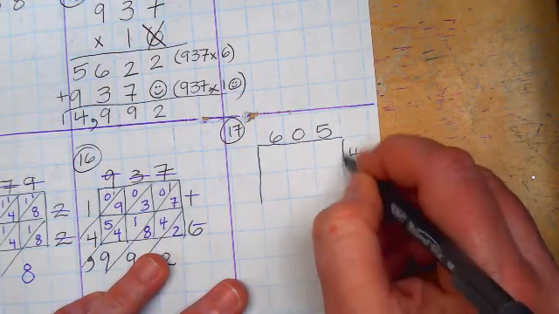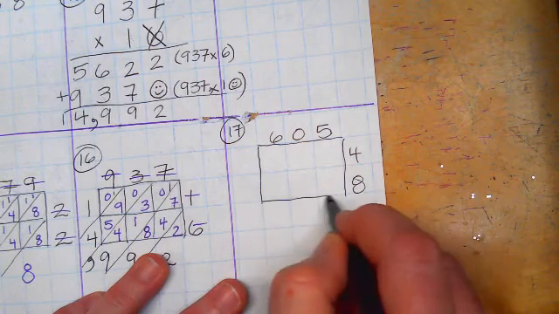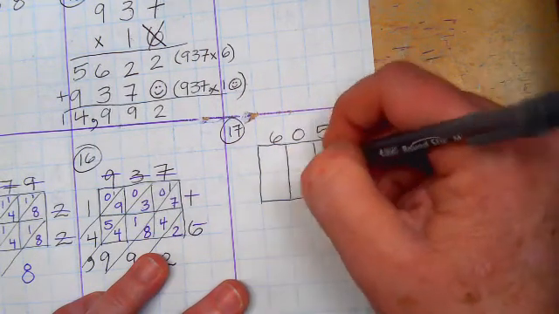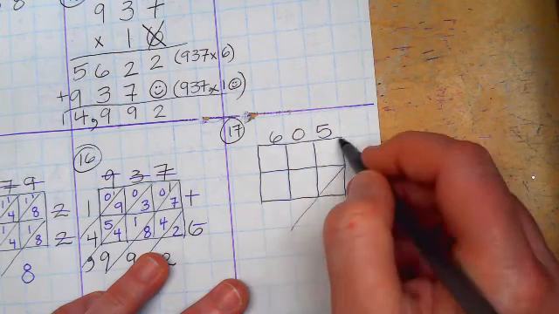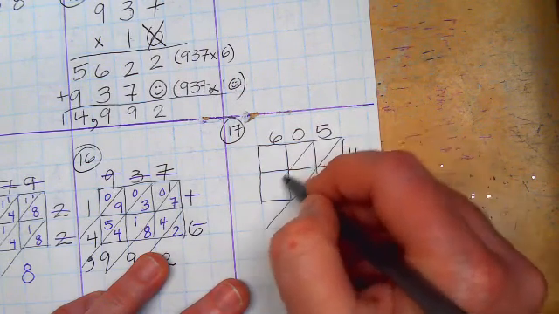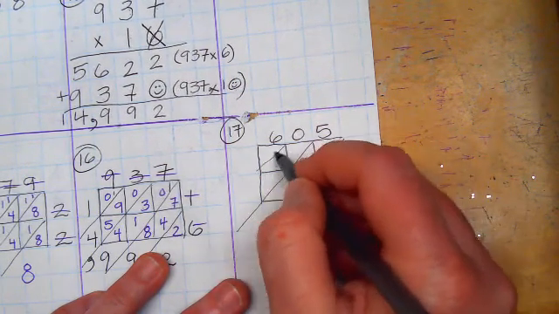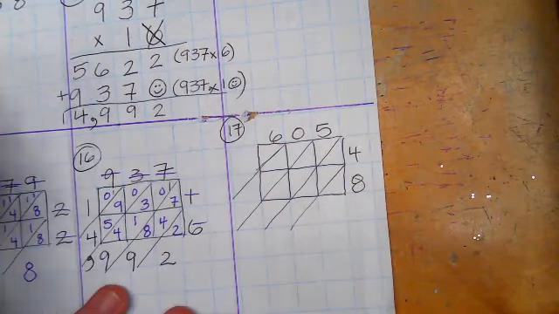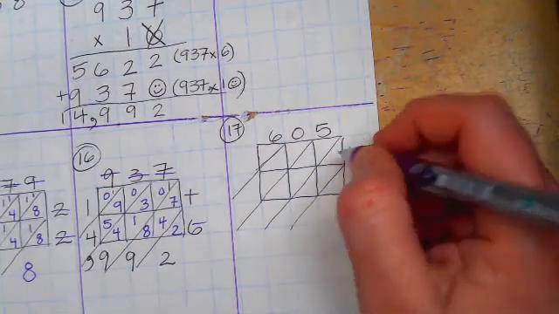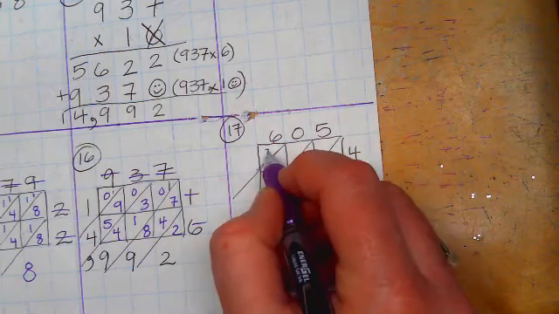So this is 605. This is 48. We're going to go down, down, down, and oops, this guy goes there.